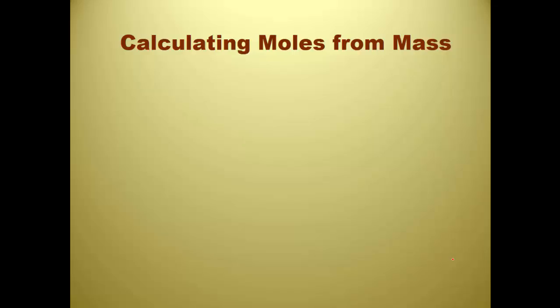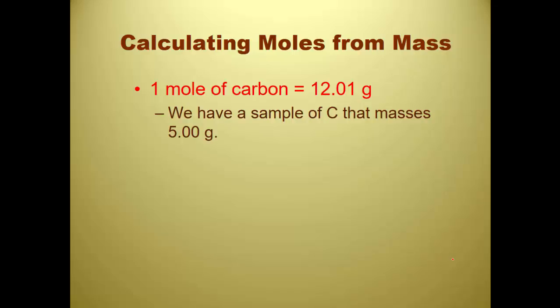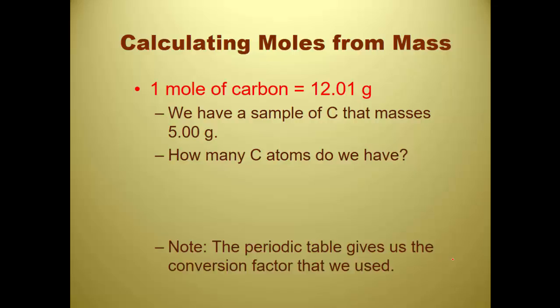So let's calculate some moles from a given mass. 1 mole of carbon is 12.01 grams. Let's say we have a sample that has 5.00 grams. Let's figure out how many moles that is. We're going to use the periodic table, and we're going to use that molar mass. So we have 5.00 grams.